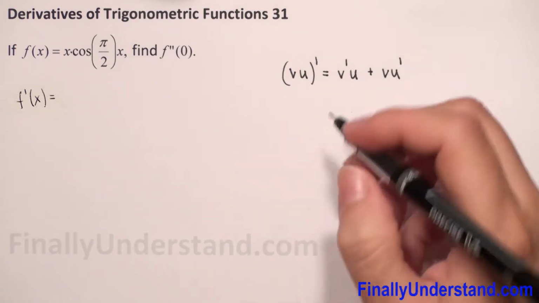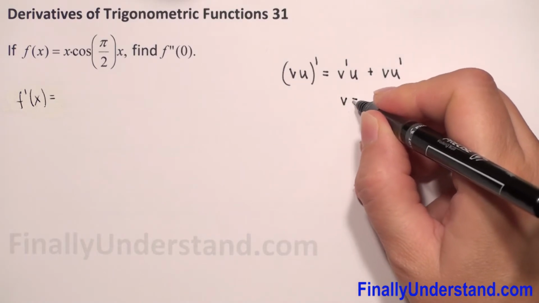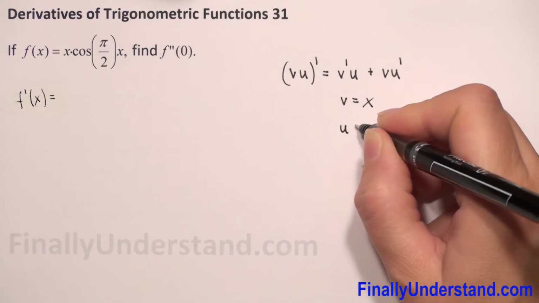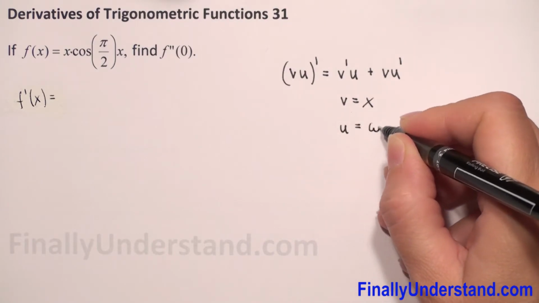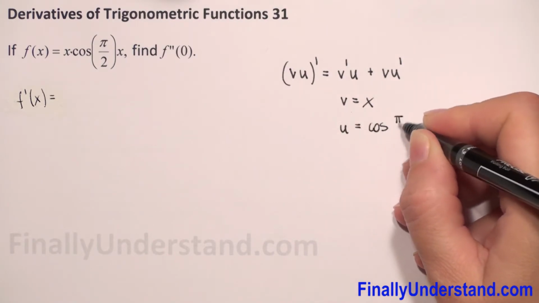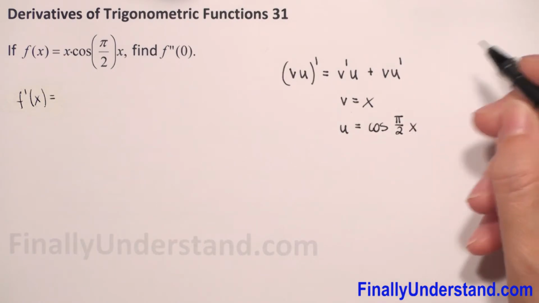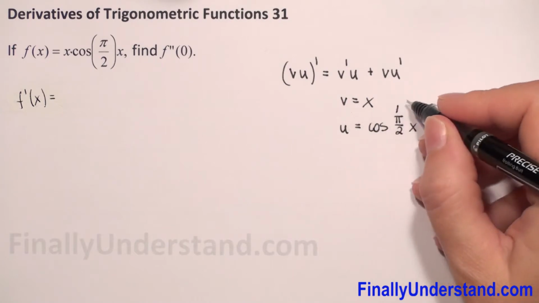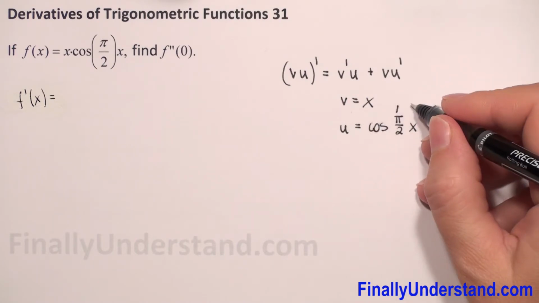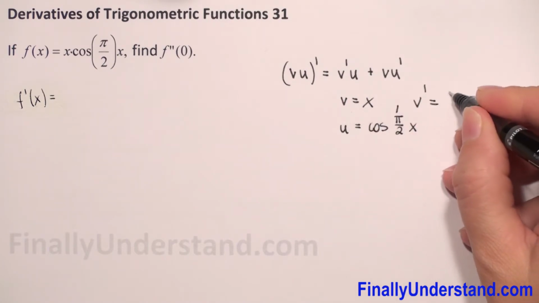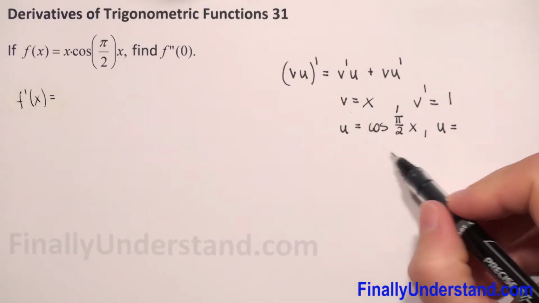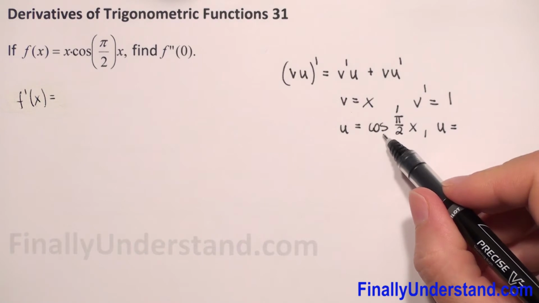So in our case, v is equal to x and u is equal to cosine of pi over 2x. So we have to find the derivative of v. The derivative of x is 1, and for the derivative of u, we have a composite function. First we have to find the derivative of cosine.